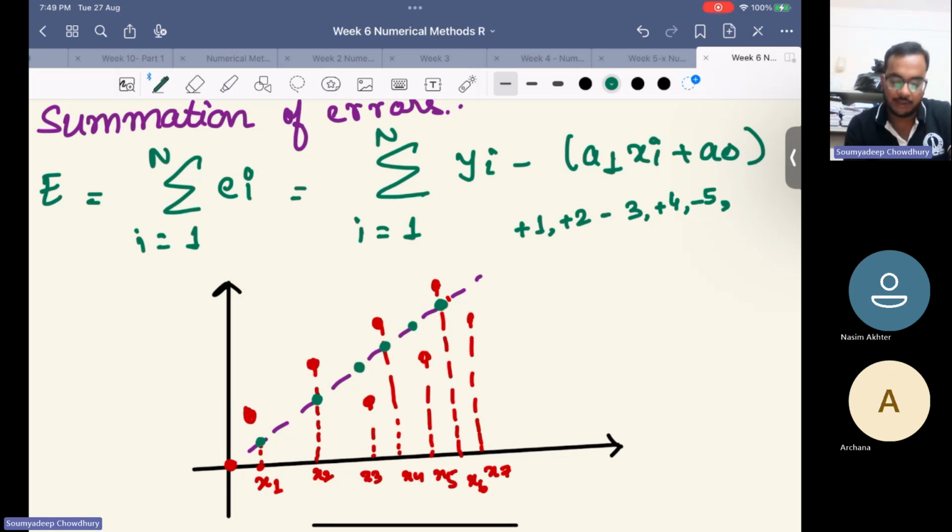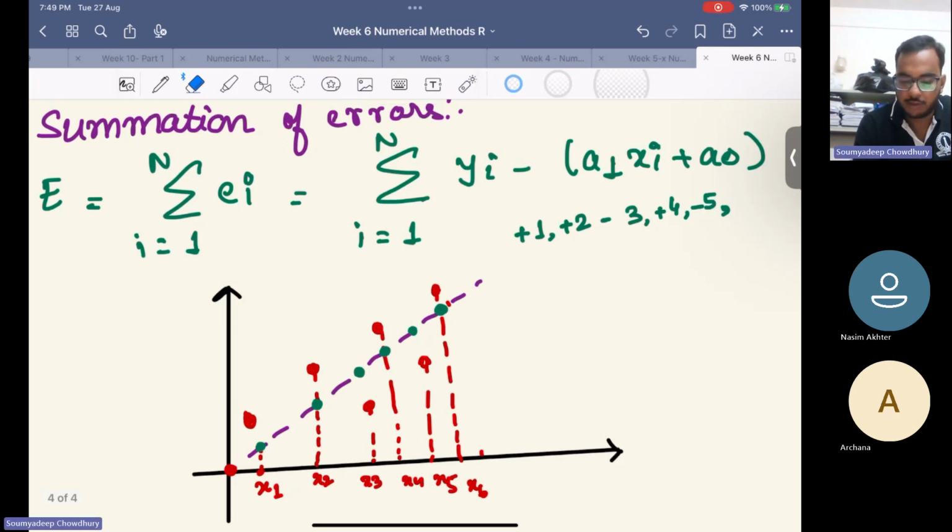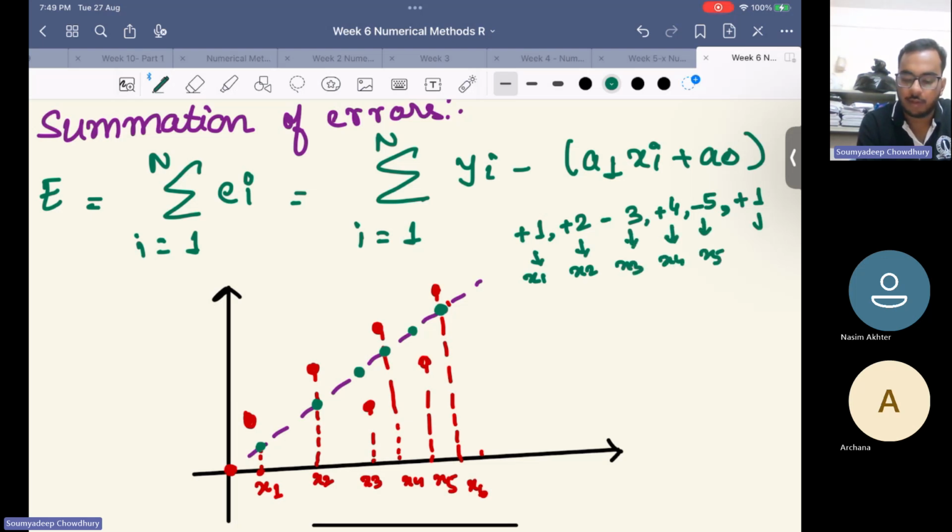And for x6 it is again positive, +1. So these are the different errors, the differences between the predicted and the true values: for x1, x2, x3, x4, x5, x6.